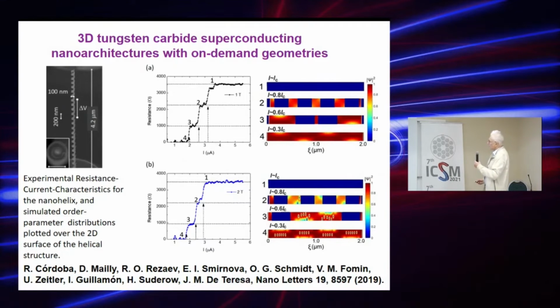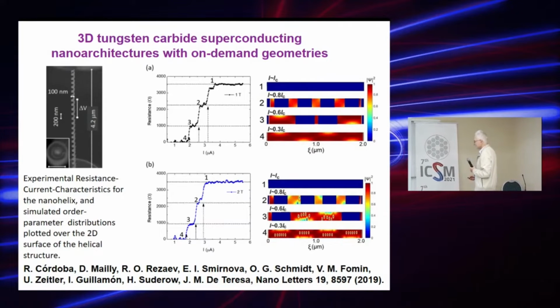And the more interesting observation, which was not on all available nanohelices, but on some of them, is related to the occurrence of such steps in the resistance as a function of current, at different temperatures and different magnetic fields.